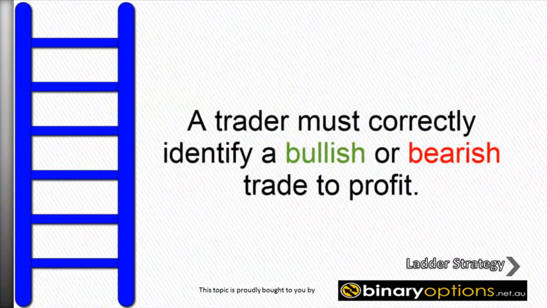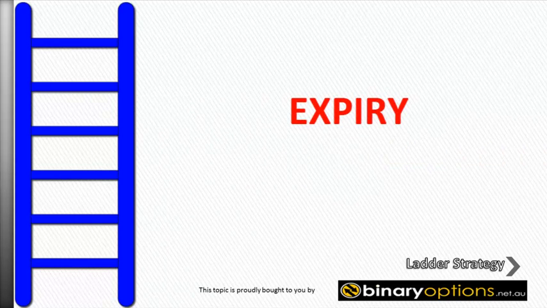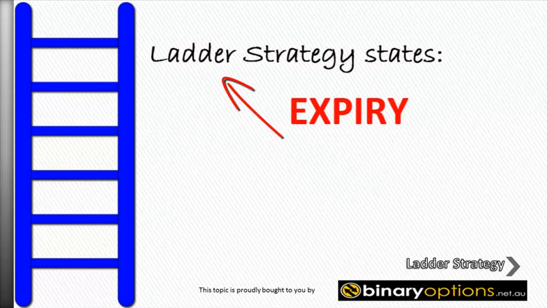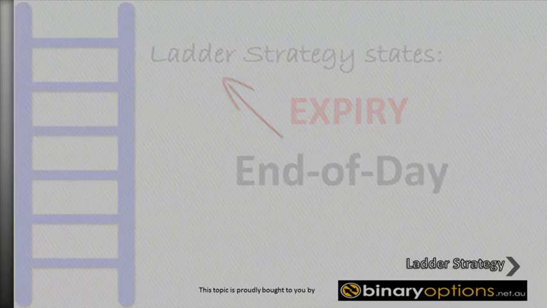So only by a trader correctly identifying whether there is a bullish or bearish trend will the ladder strategy profit. Because ladder trading strategy states, in most cases, that the expiry time of the ladder will be set to the end of day, it allows a significant amount of time for each price level to be reached, which is beneficial to the trader.